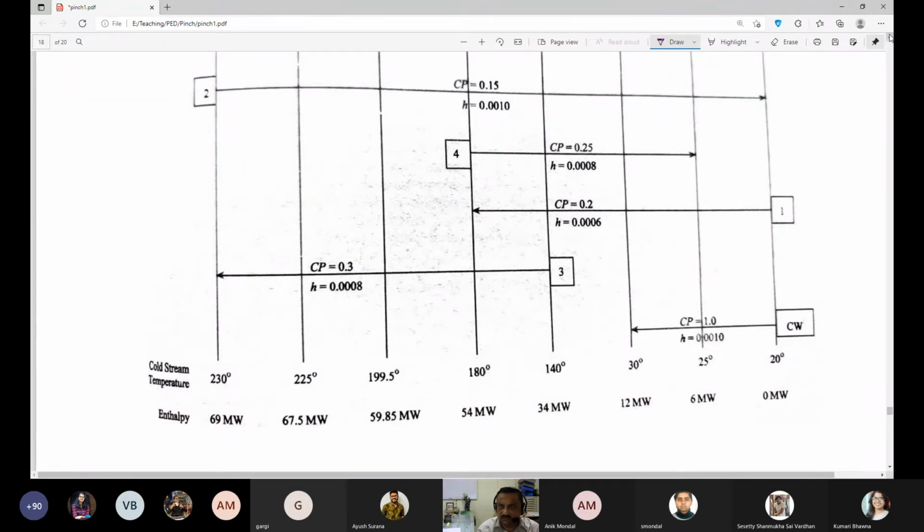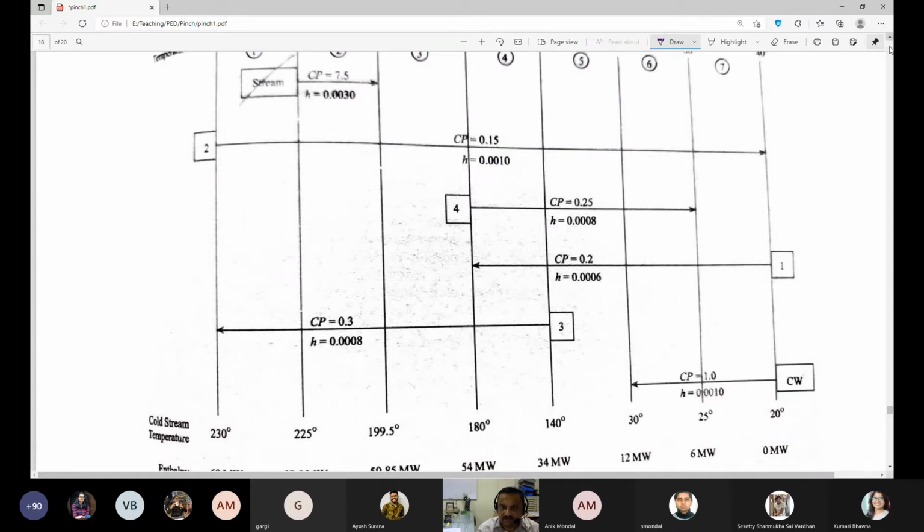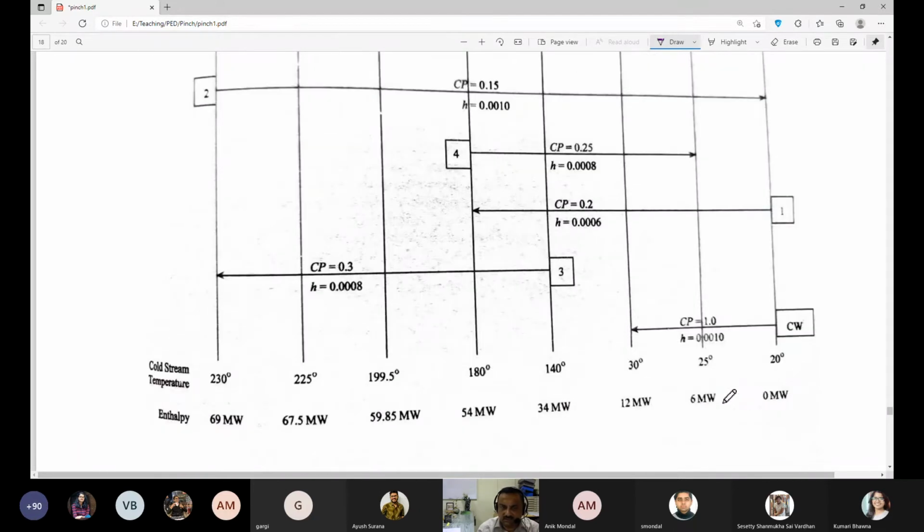This is how it is. We had 7 segments, and if I start from 0 MW here, then for 7 segments, these are the corresponding MW we are writing. Here delta H is 6, like this, within this interval.